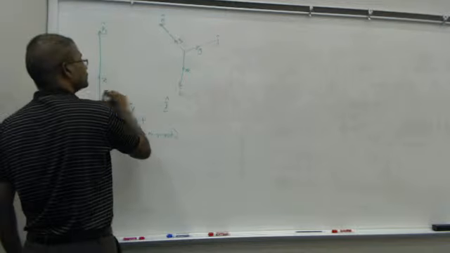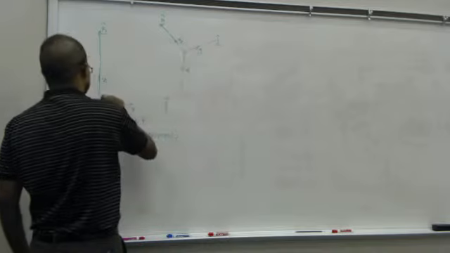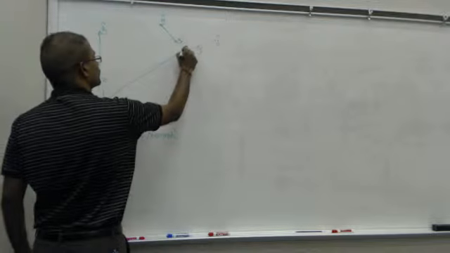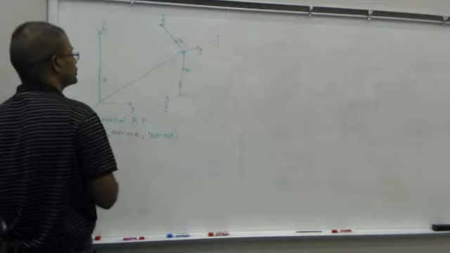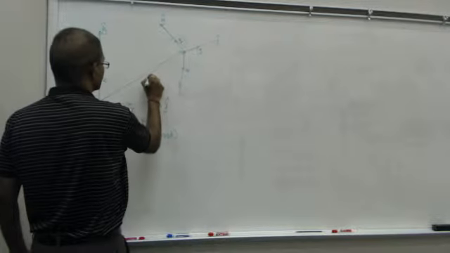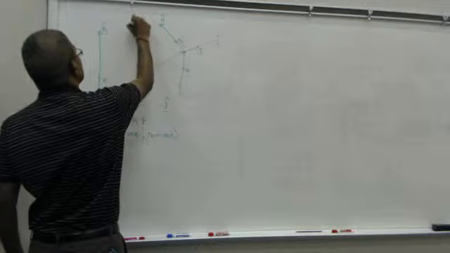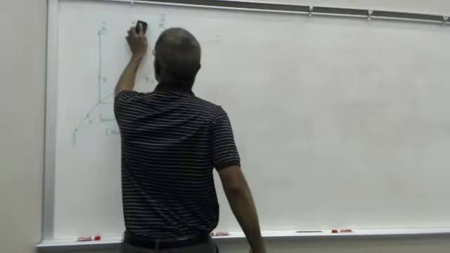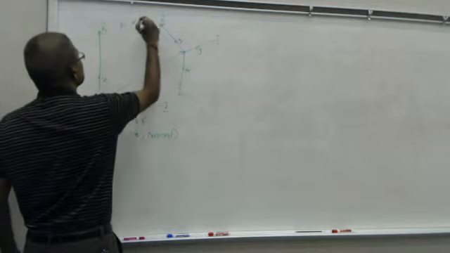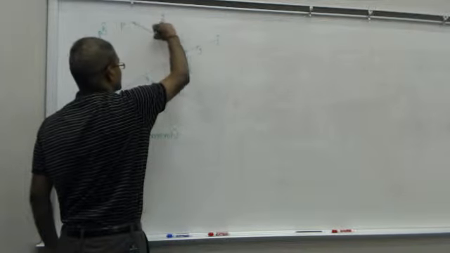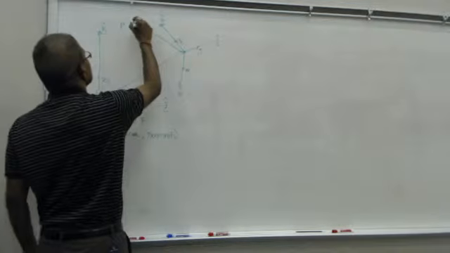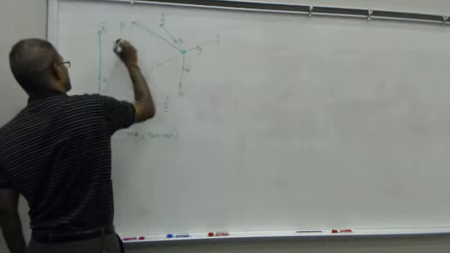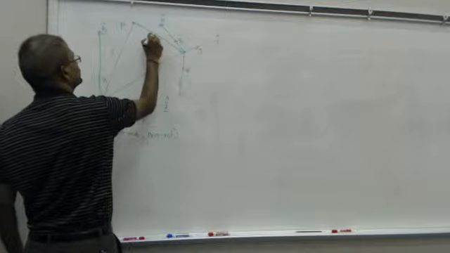This distance, this vector is R0, and we're talking about the relative motion of a point P. This is R, and this is R relative.